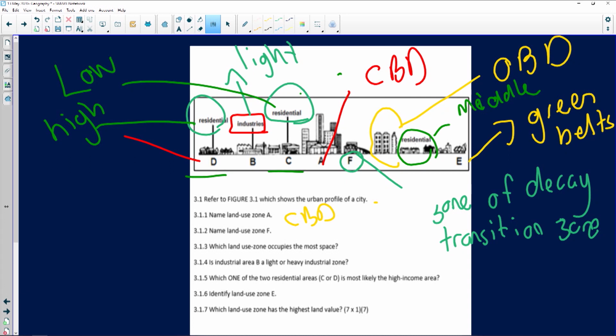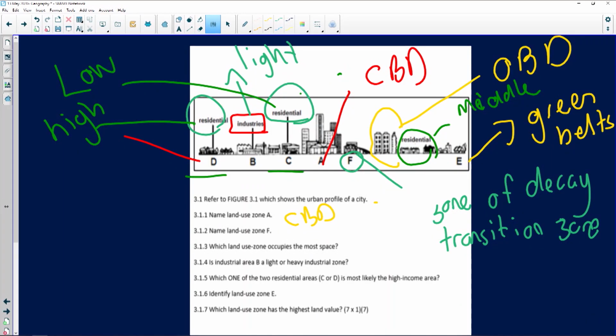I've mentioned that the high-income residential areas are usually furthest away, probably because of bigger stands and access to major transport routes. Our low-income residential areas are closest to the CBD and small industries, because it reduces the transport cost involved in getting to work and back.